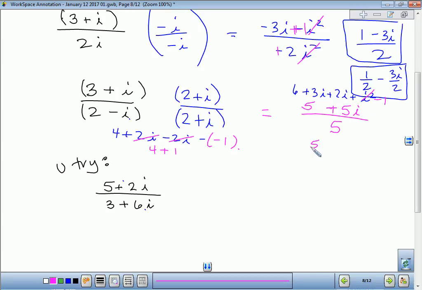Now, if I think about this form, we can clearly see that everything simplifies. So it'll be 1 plus i. And that is the only acceptable answer when it simplifies. So if you can see it here without splitting it, go for it. But if you can't, split it and then simplify.